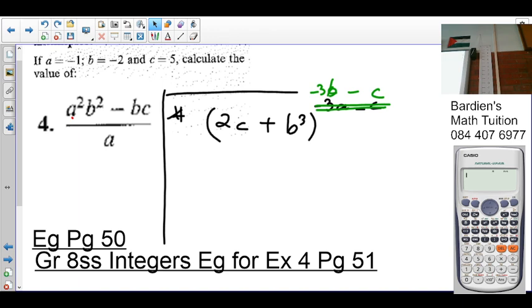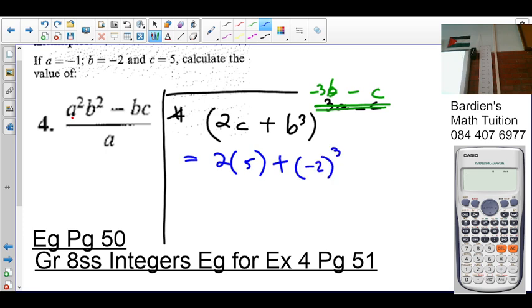Right. So what did you guys write? 2 bracket 5 bracket plus bracket negative 2 bracket cubed, minus 3 times negative 2 minus 5. Right, let's see.